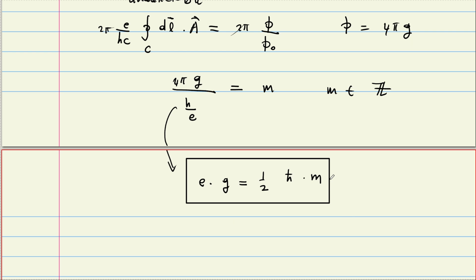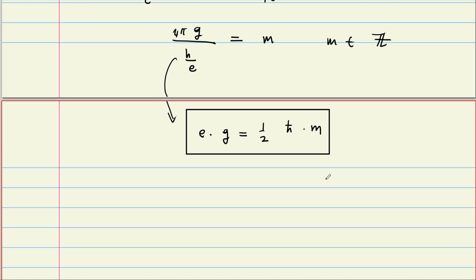And exactly like spin quantization, from here we see that even if we have just one magnetic charge in the entire universe, that explains why e is quantized.